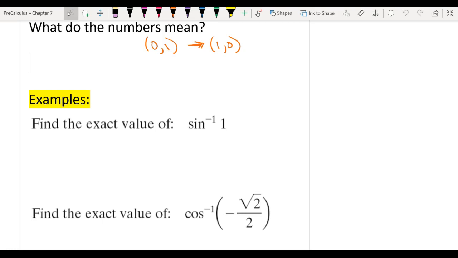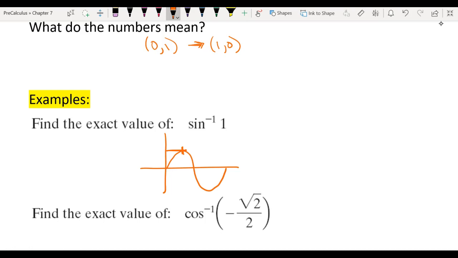What this is asking is, if you have the graph of sine looking like this, where does the graph hit 1? Where does the graph of sine hit the number 1? What is the x value for that? Yeah, this would be pi over 2, right? Because right here would be pi. Okay?